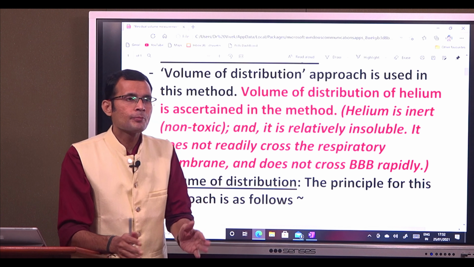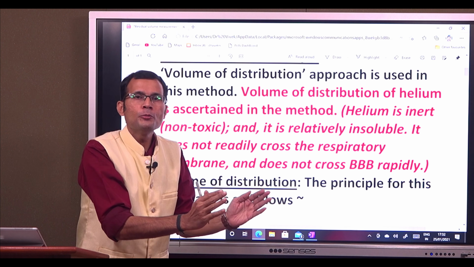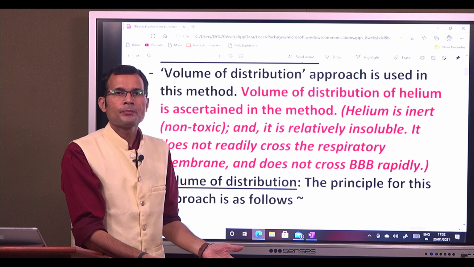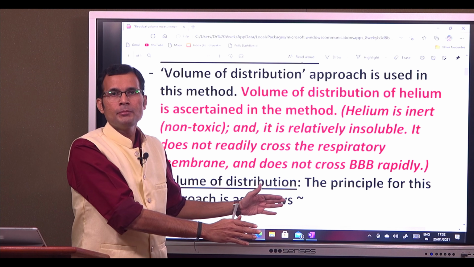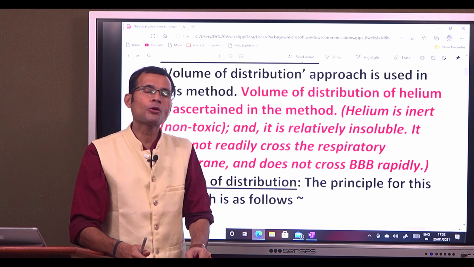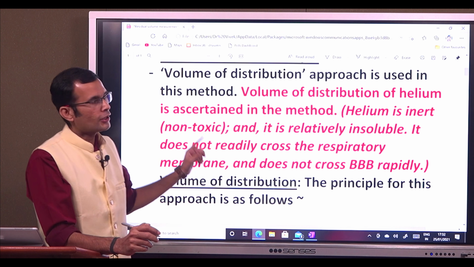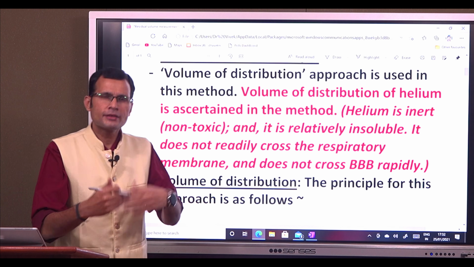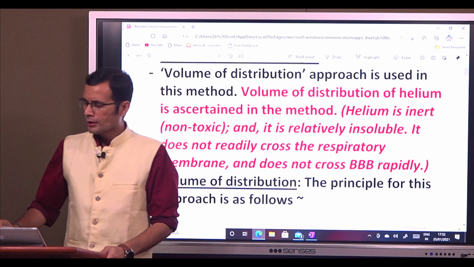That means it stays in the lungs, whose volume we are going to measure. It's going to remain in the system whose volume we are measuring. That's the most important reason why we choose helium for this particular method. I'll describe this once again in detail with a diagram.